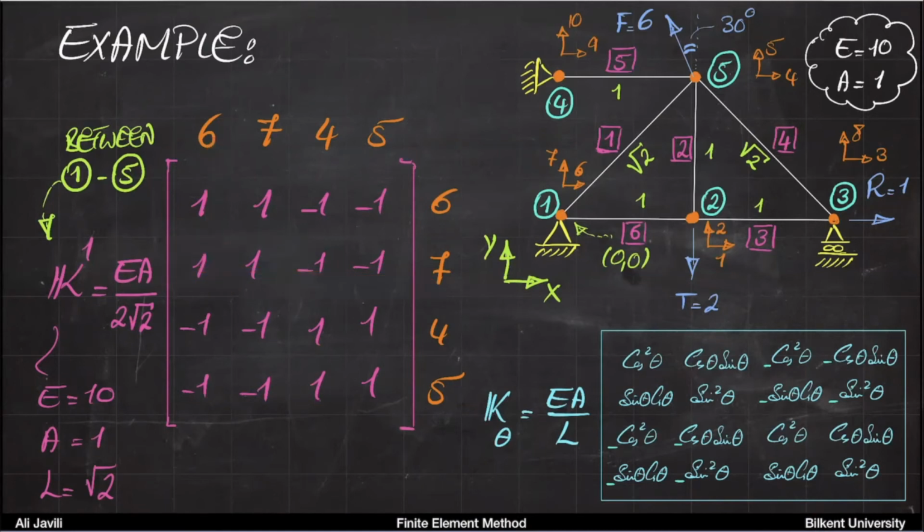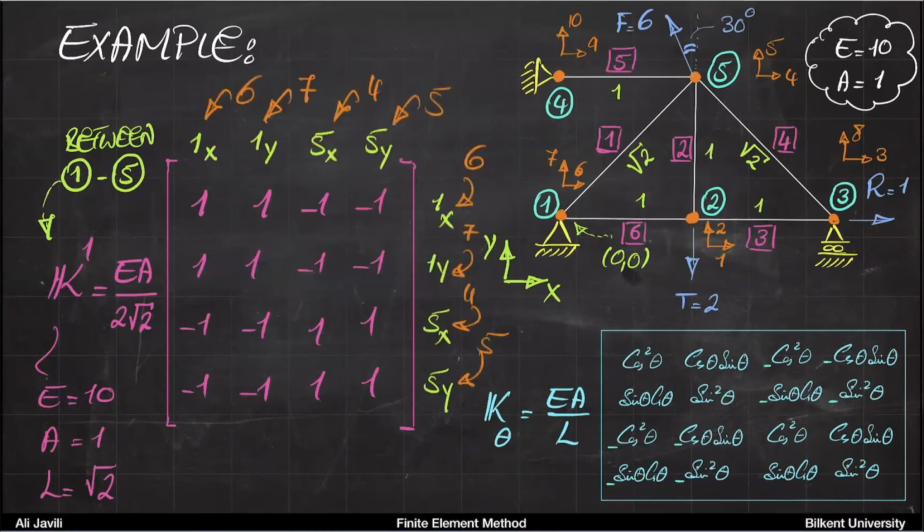All right, so again, I know I repeated a lot, but this is the first time. So the connection between these 1x and 6, 1y and 7, 5x, this is straightforward. I think you understand it now, but it's very important that you realize these numbers that we see here are exactly the component numbers of the global stiffness matrix. So these are like the coordinates.